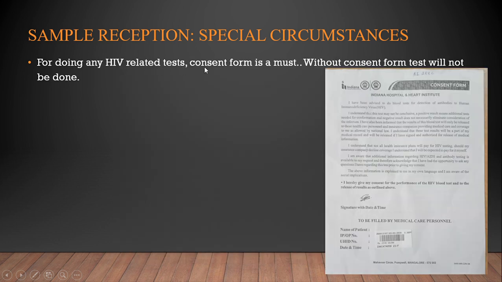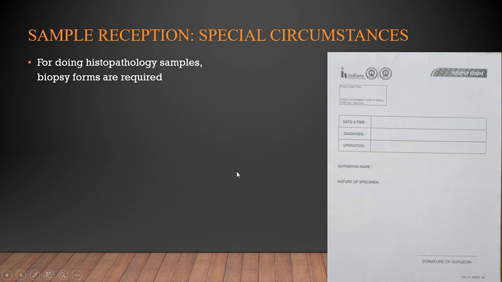Similarly, if any HIV related tests are going on, then the consent form has to be taken, and the consent form will have the patient name and other details, and the authorized person who is consenting. Maybe the patient himself may be consenting, but in children and others, the guardian will be signing for the same. Okay, and for any type of biopsy samples or histopathology tests, there is a separate biopsy form, and that biopsy form has to be present.